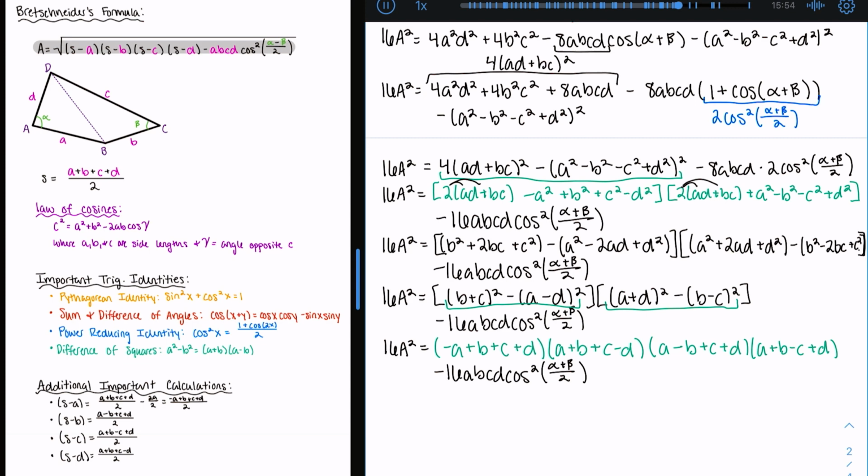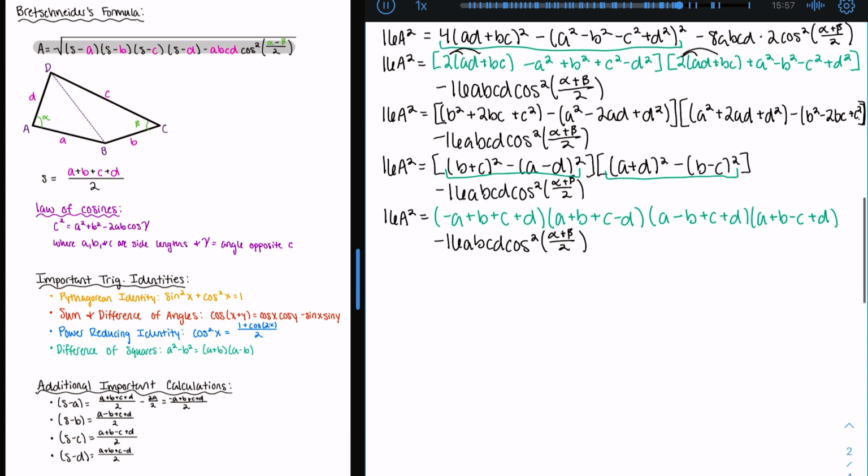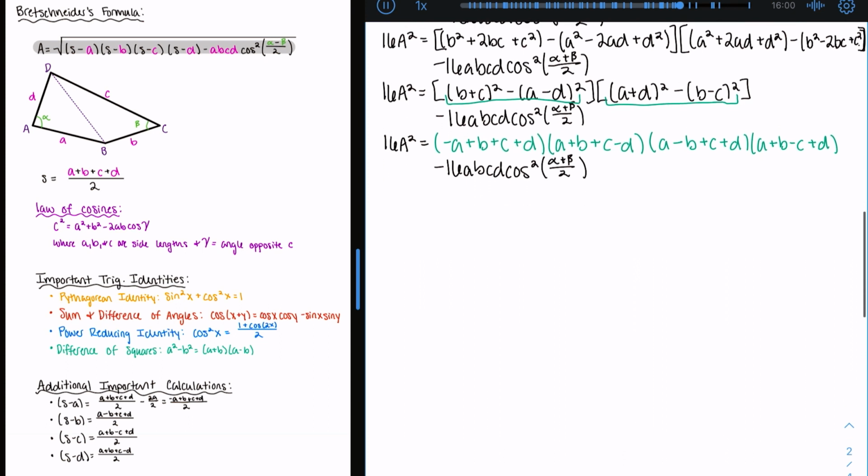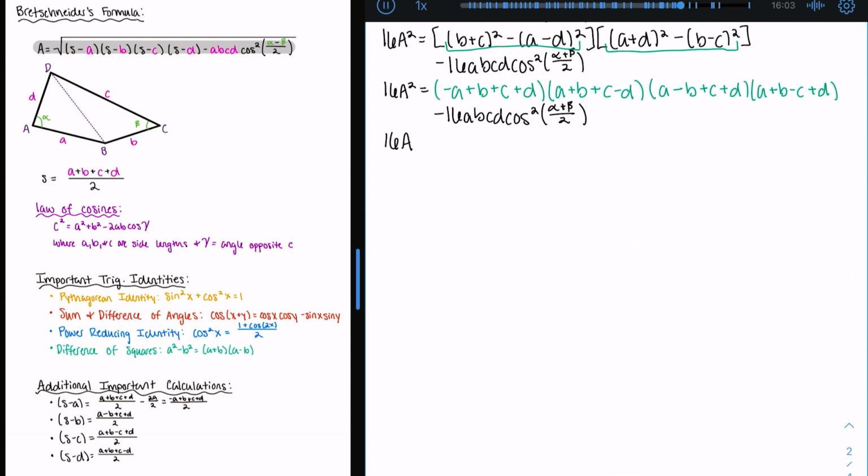So I can rewrite some things, and this will be the first time I'm working in that semi-perimeter S. So when I rewrite things, I will get 16a squared is equal to 2 times S minus A times 2 times S minus D times 2 times S minus B times 2 times S minus C. And then I'm still bringing down this last piece.